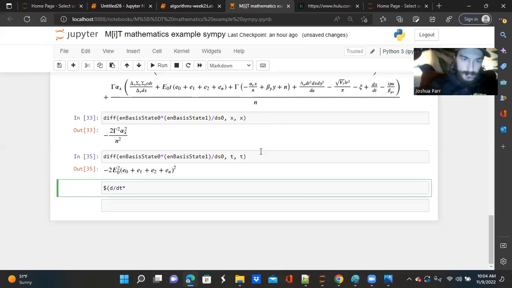dt square minus 2 a big E a sub not square. Big E sub not square.